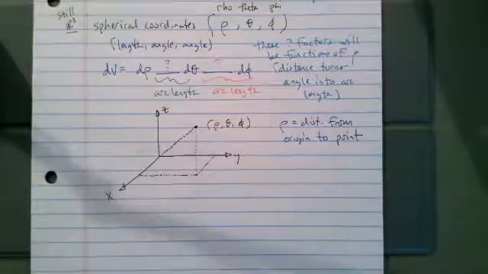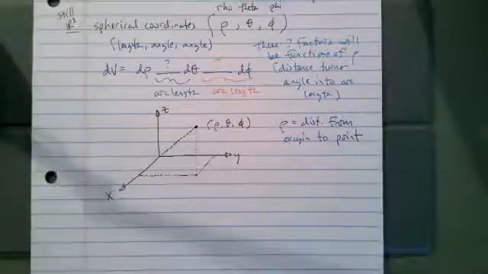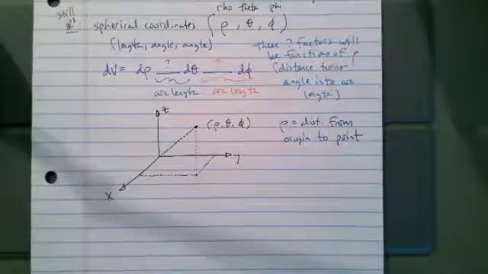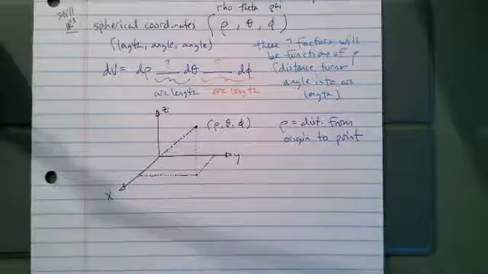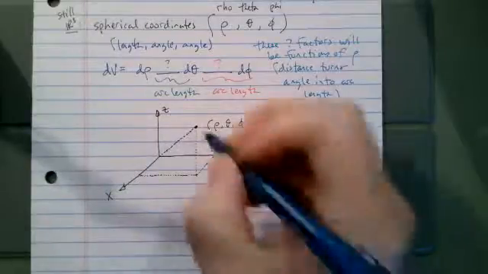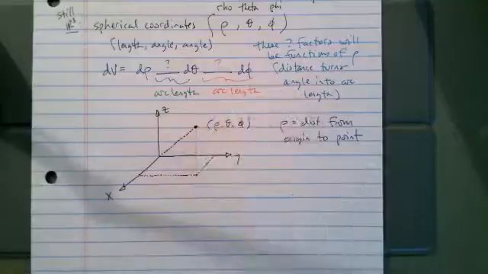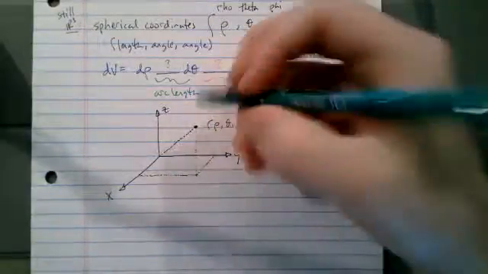And it's coming off at some wacky angle. Theta is the same theta that we had in cylindrical and polar coordinates. So if we project this point down to the xy plane, theta is the green one.